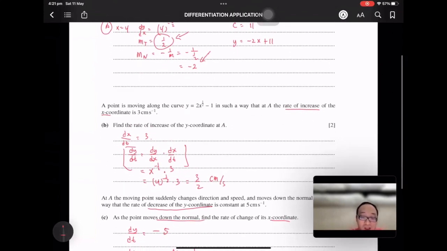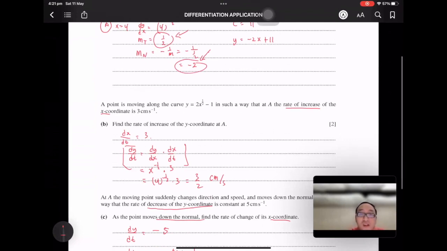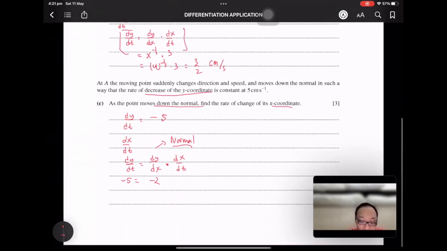But for the normal at A, dy/dx equals negative 2. So negative 2 times dx/dt, and we get dx/dt equals 5/2 centimeters per second.